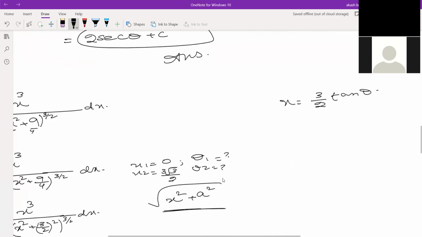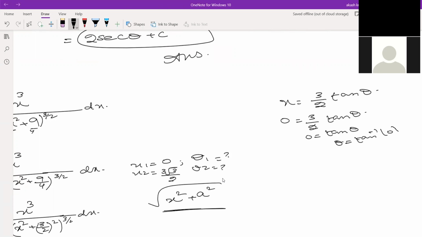My x is 0, so 0 equals 3 by 2 tan theta. This 3 by 2 is divided, and it becomes 0 equals tan theta. So theta equals tan inverse 0, which is 0. Theta 1 is 0.